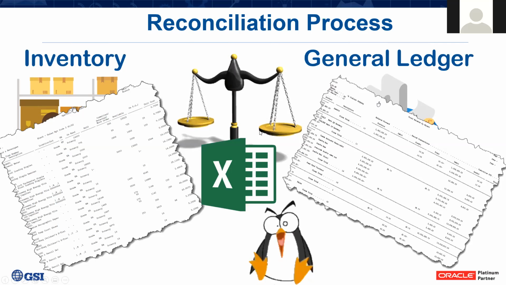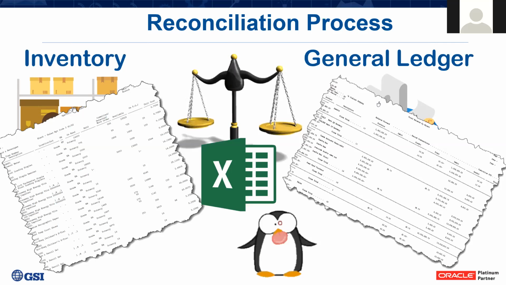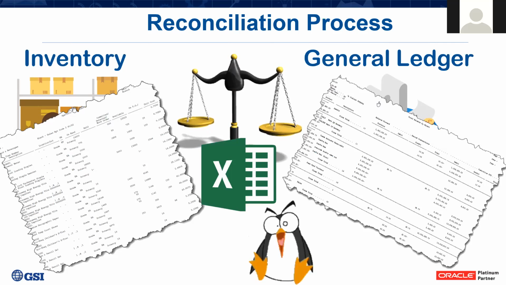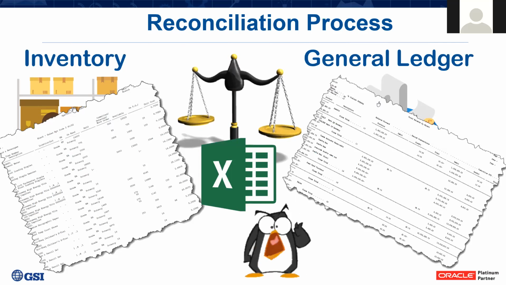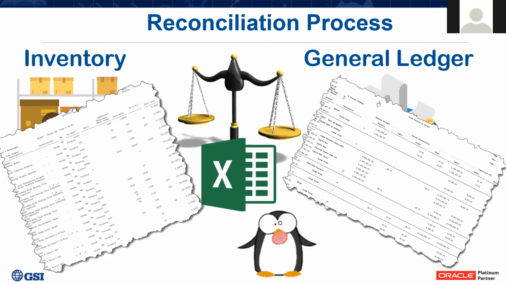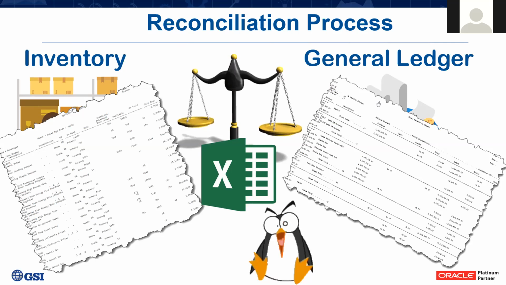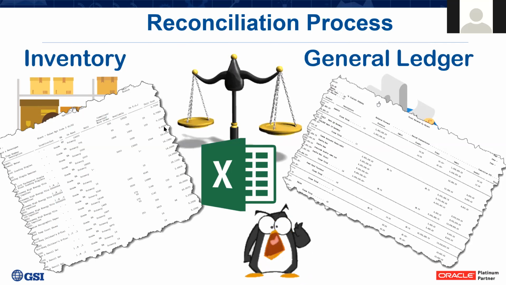Now, once you do that, that's where the frustration comes in, because the numbers rarely match, if ever. There is an out of balance. Sometimes it's tolerable, but most of the time it is not. And now comes the pain of trying to figure out why these numbers don't match, where the problems occur, and what I have to do to fix them.